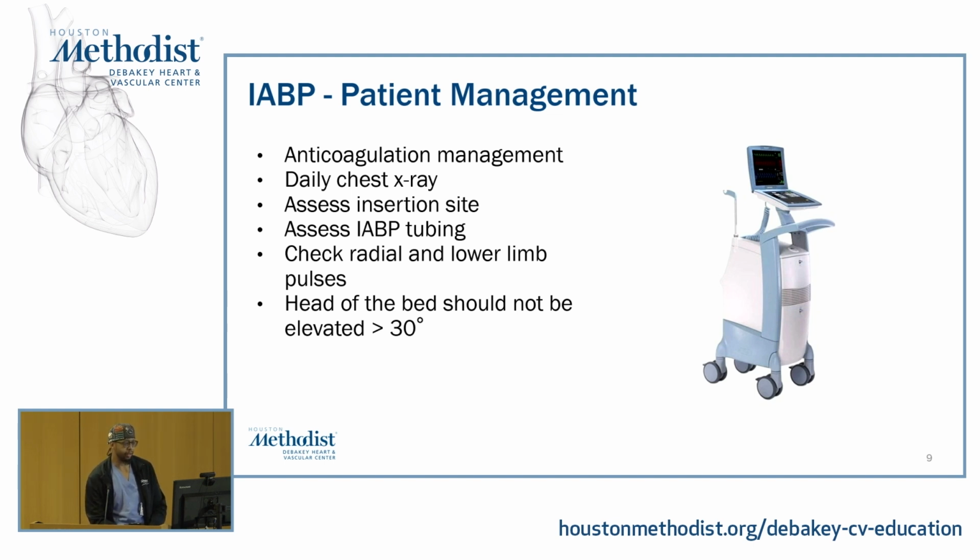Check radial and femoral pulses just to make sure that we have unobstructed blood flow to the patient's lower limbs, as well as that left arm that we discussed. And then make sure that the patient is in the proper position, making sure that their head isn't elevated more than 30 degrees, which could also kink off that catheter internally.